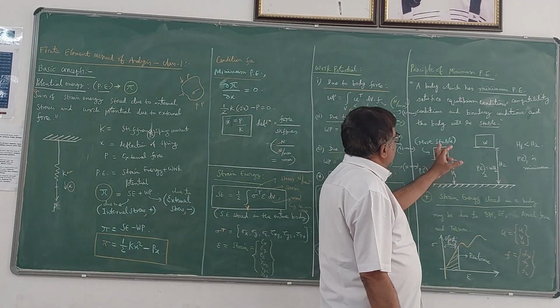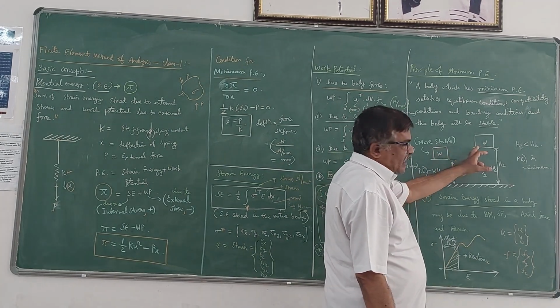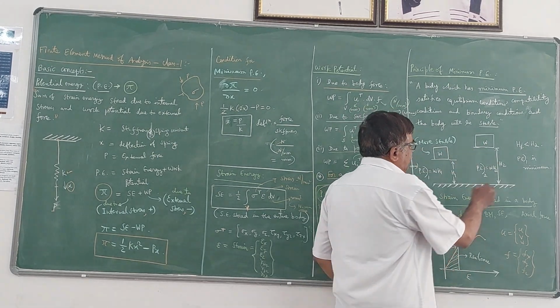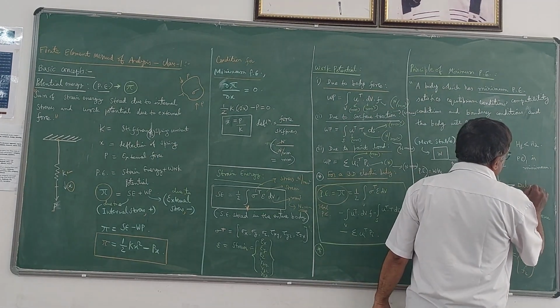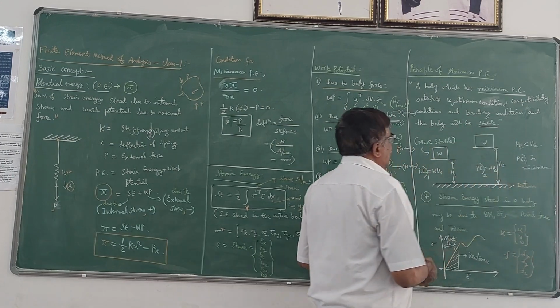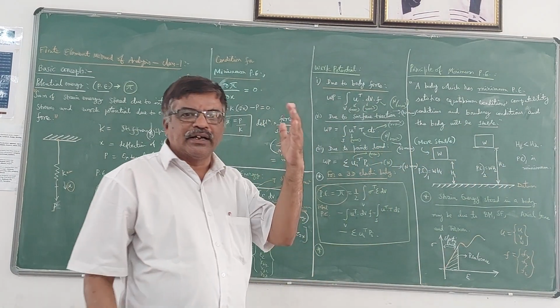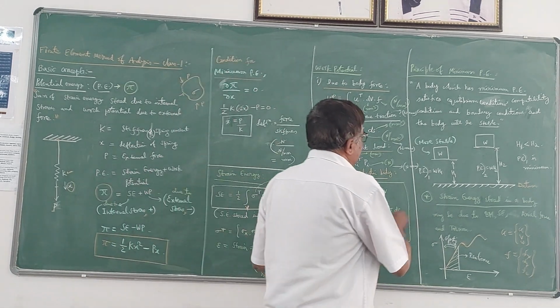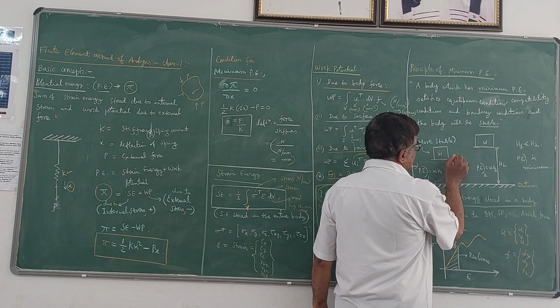If you consider bodies of the same weight at different heights, with this as the reference datum, then since they are at some height with respect to the reference, they will possess potential energy. The potential energy of the first body is W into H1.